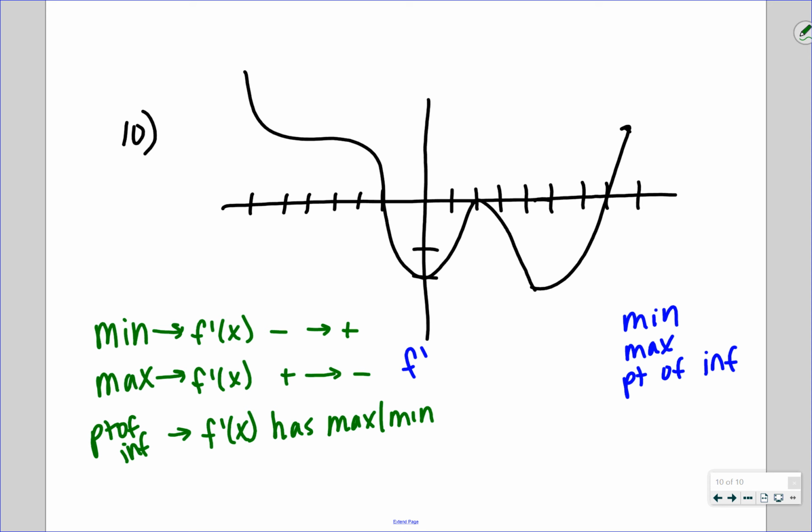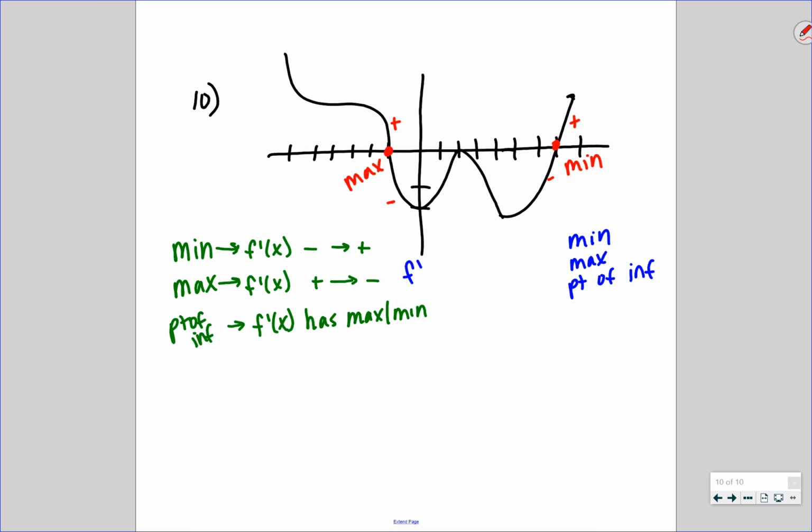So first of all, I can figure out how many maximums and minimums I'm going to have for my original by how I change. This goes from a positive to a negative. This is a max. This one does not actually cross through. It stays negative the whole time, so there's not an extrema. And then you have one here. This is from negative to positive, so that would be a minimum.